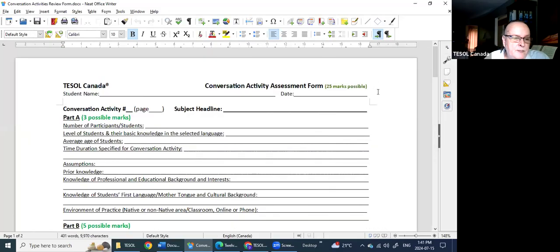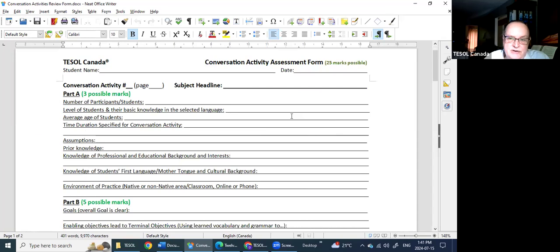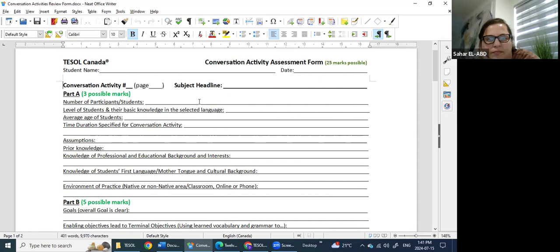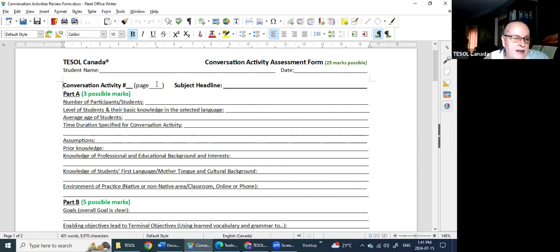There we go. I put them into a Word document that I use when I'm doing assessment of your assignments. So I've got fill in the blank spaces here for all of these different categories. And I took all of these headings directly from the Canvas platform.